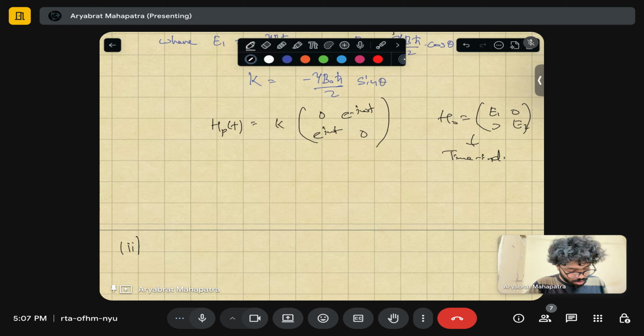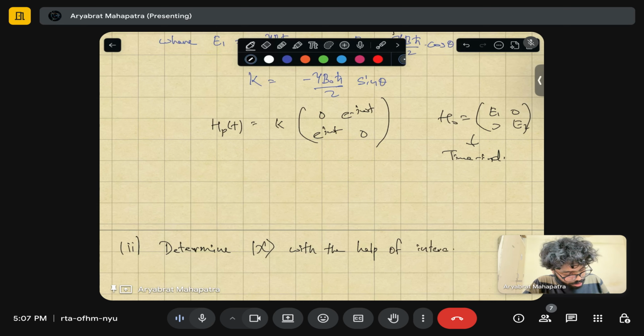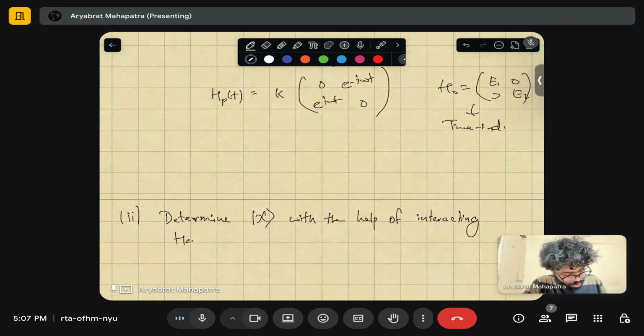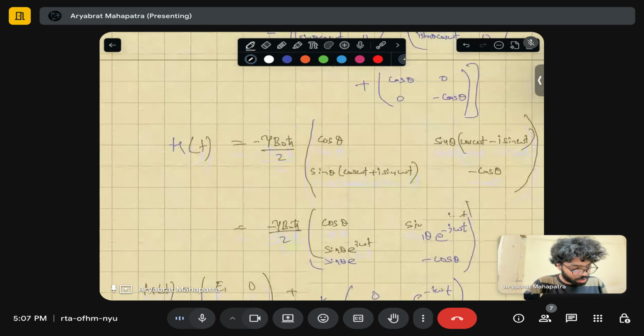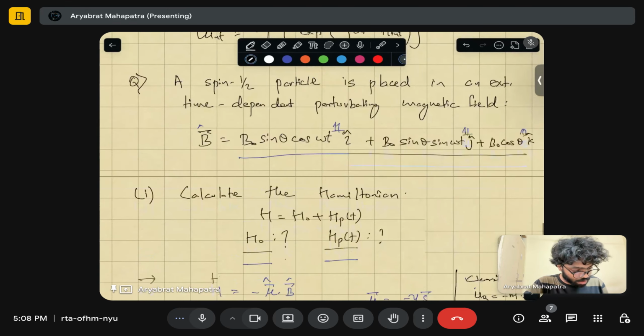The next you have to determine chi with the help of the interacting Hamiltonian, that is H_I, the H_I which we defined before here.